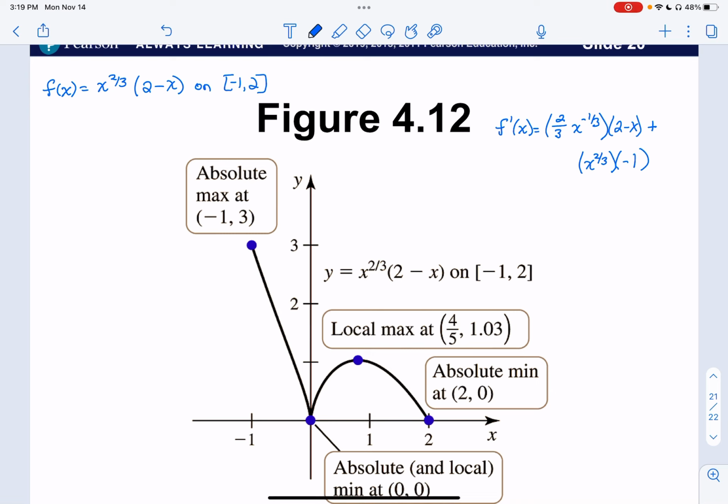So if I put this together a little bit nicer, what I'll get is 2 times 2 minus x all over 3 times x to the 1/3 plus, well, it's actually going to be a minus x to the 2/3.